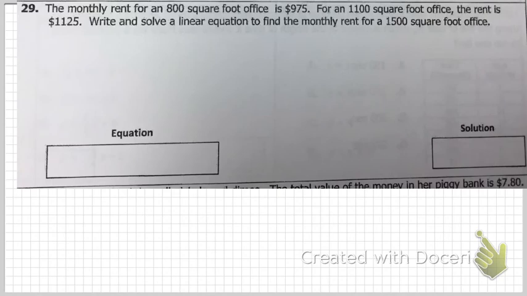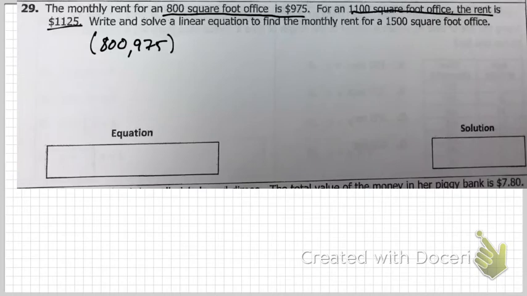All right, so let's get the information that we can out of here. I've got 800 square feet is 975. What is that in context of a line? A point. That's an ordered pair. So 800, 975. And then down here I've got 1,100 square feet is 1,125. What is that? Another point. So I've got square feet, money.